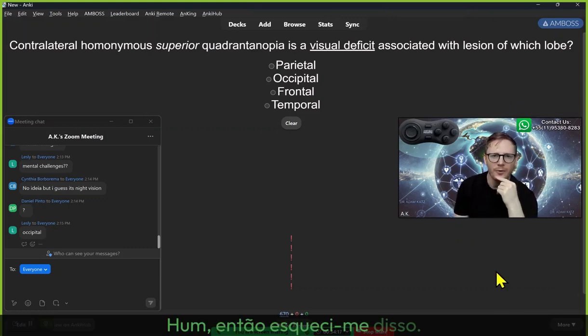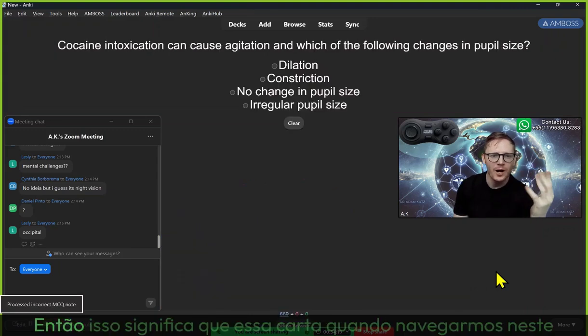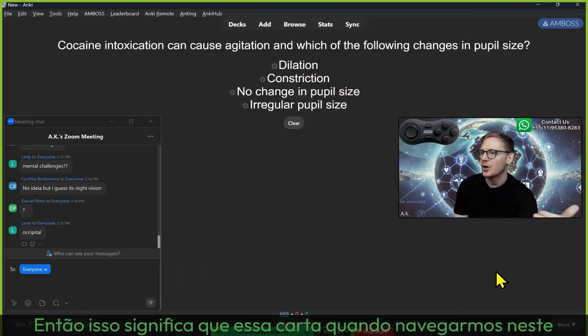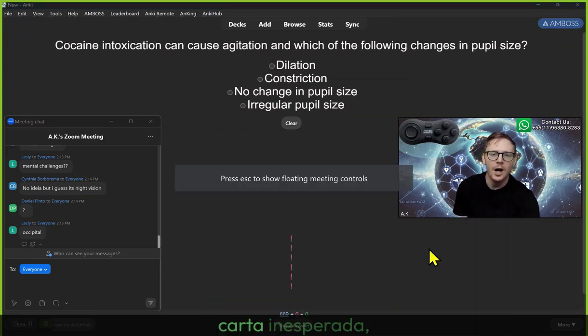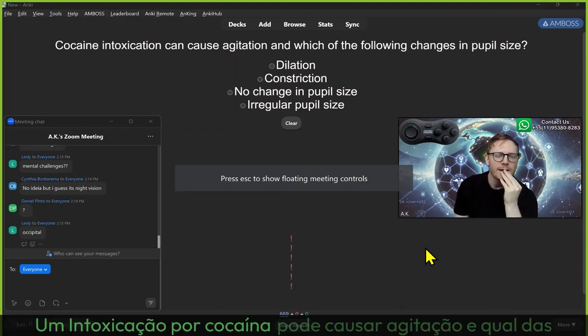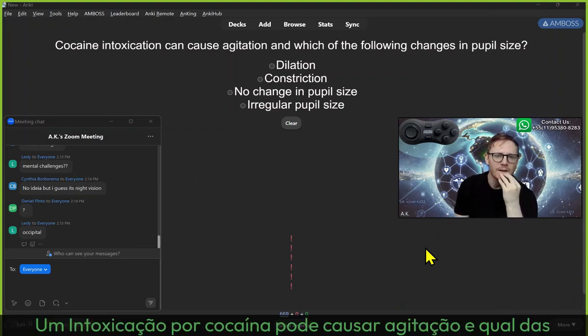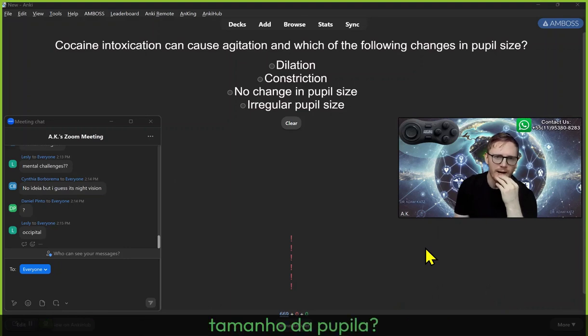So I overlooked that. So we got that wrong. So that means that that card, when we browse this deck, is actually going to show a unsuspended card, right?